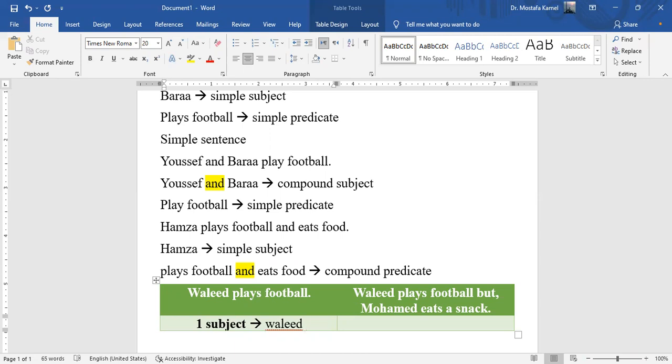Muhammad Kareem, are you here? Yes, Mr. Muhammad, how many subjects do we have here? We have Walid and Muhammad. Very good, amazing. So we have two subjects, right? Yes. Okay.